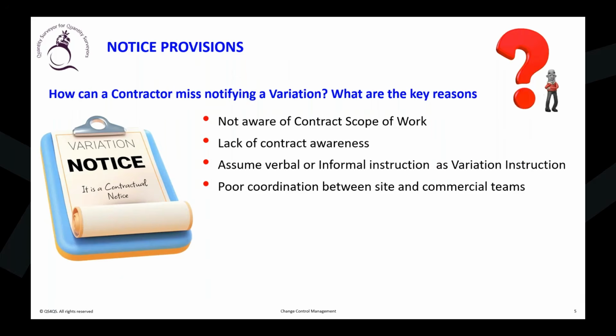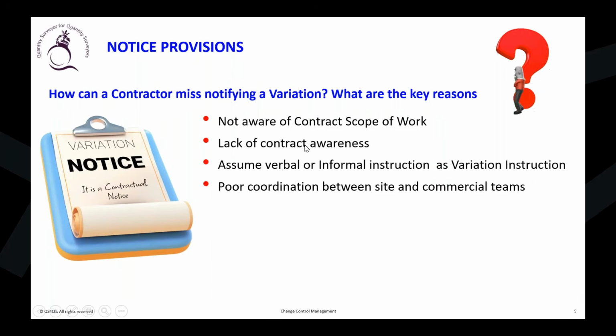They're not coordinating well on what's happening at the site. Maybe the site people got some additional work, but they didn't inform the QS team that you have to claim for it. So therefore, you didn't give the notice because you are not aware, because of the coordination issues.